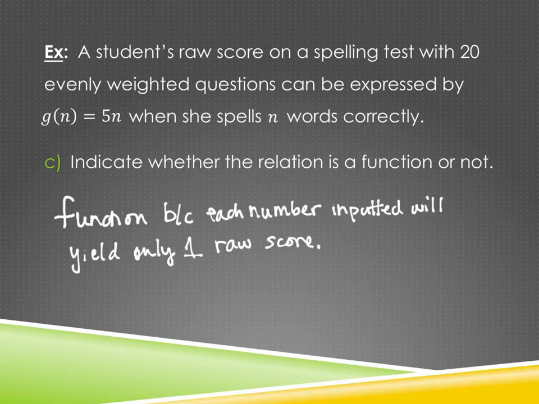Each input has only one output. Each number of words spelled right gives me only one score. Lots of things we could say that are equivalent to this and all correct. The last thing we're going to do on this problem is to draw a diagram.